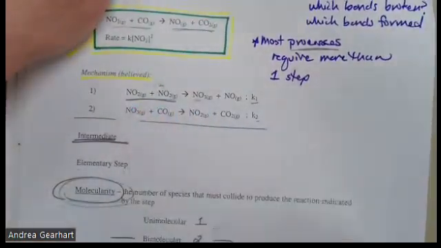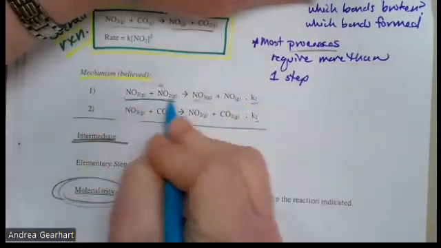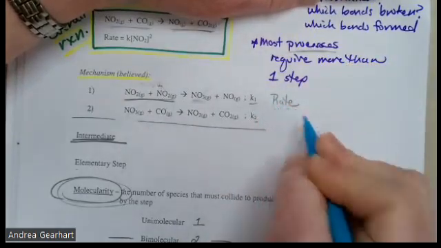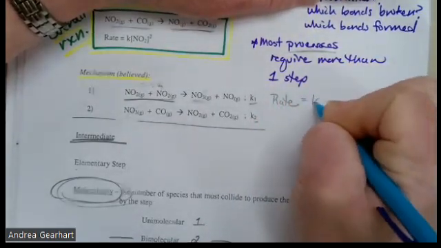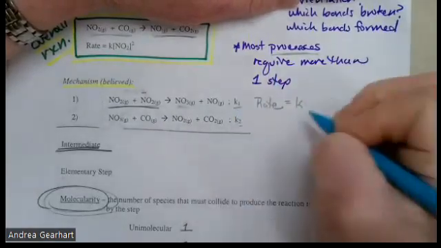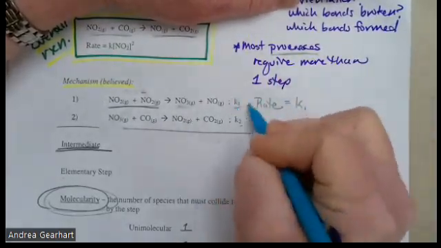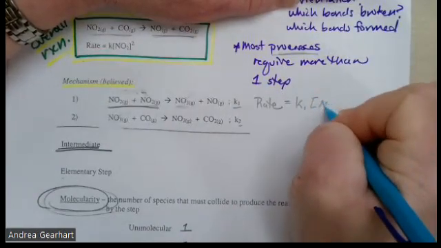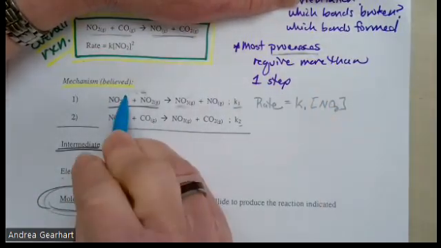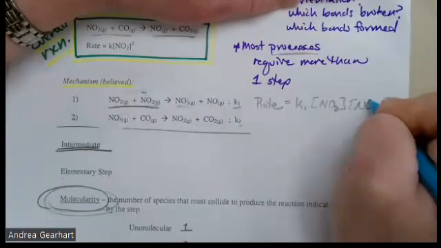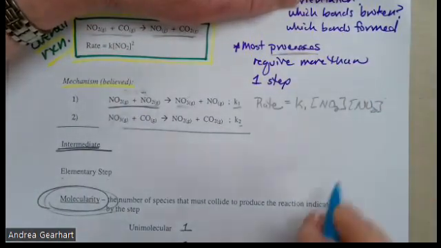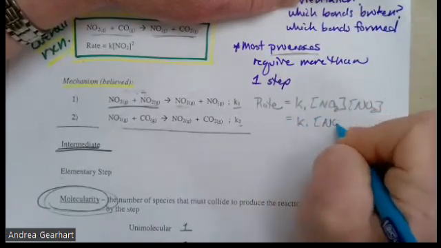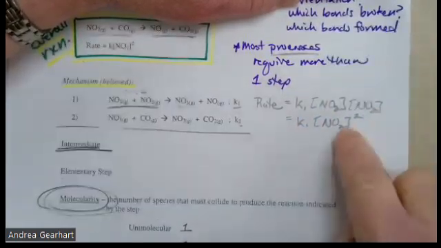From an elementary step, for example, this first elementary step, the rate law would be K1, and we could write NO2 to the first, NO2 to the first, which of course we would collapse to NO2 squared.